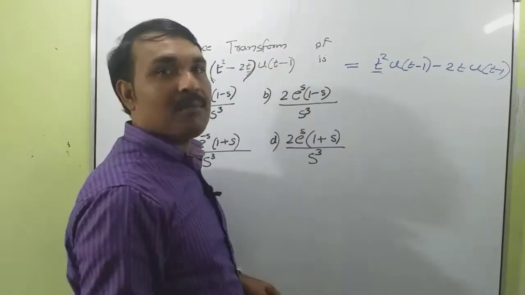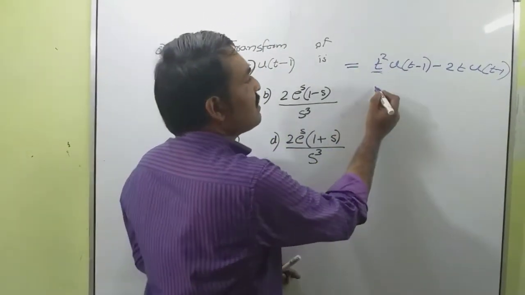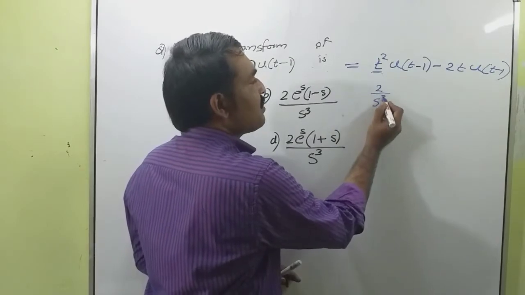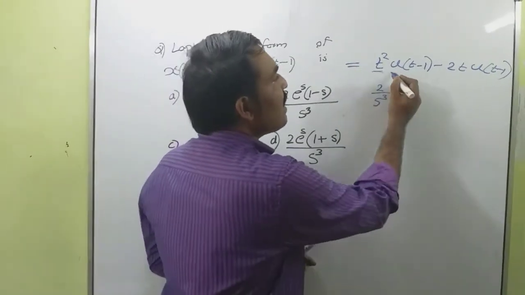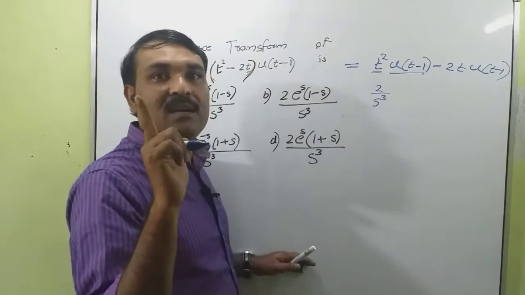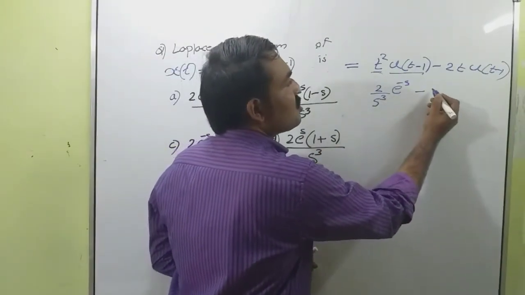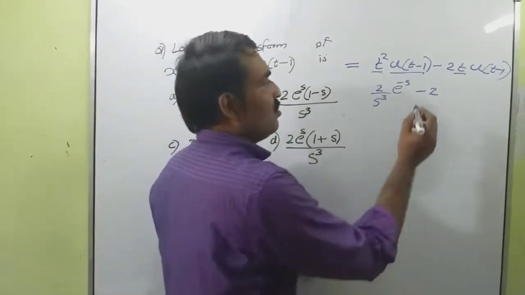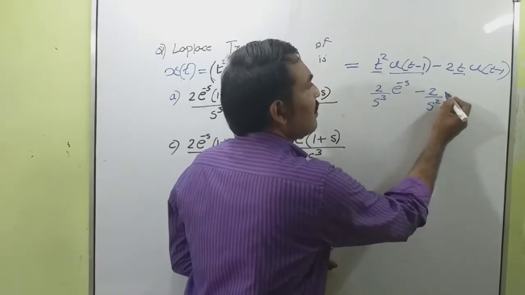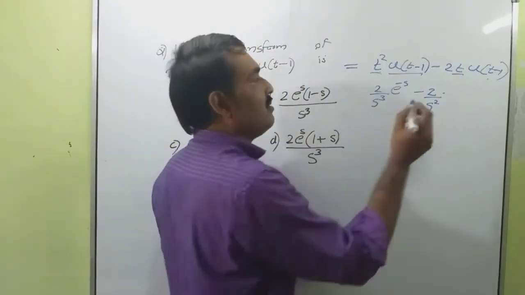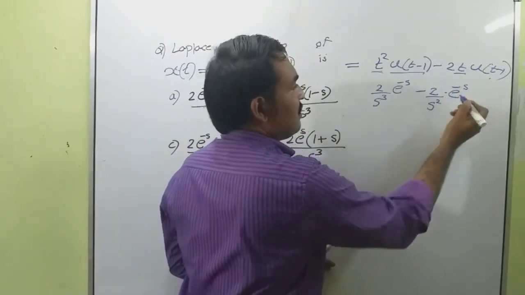Okay, we know that Laplace transform of t square is 2 by s cube, and this is delayed by 1 unit. So e raised to minus s into 2 by s cube. And Laplace transform of 2t is 2 by s square, this is also delayed by 1 unit. So that into e raised to minus s.